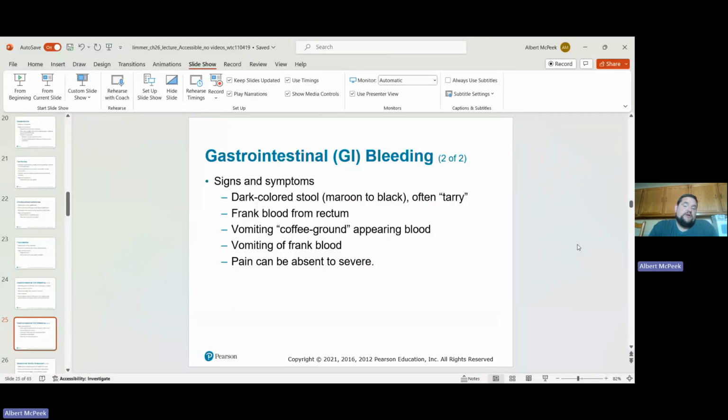Whereas if you're bleeding from near the center of your digestive tract, the blood is going to be more digested. That's where you get that dark tarry stool or the vomiting of a substance that looks like coffee grounds. But the brighter and more evident the blood is, generally the closer to the exit.